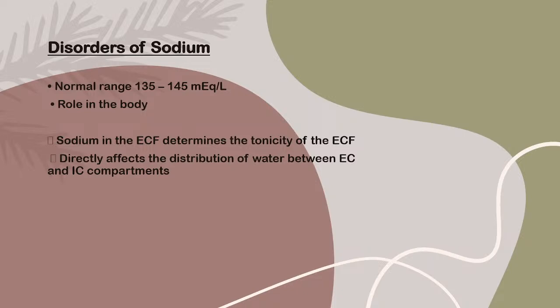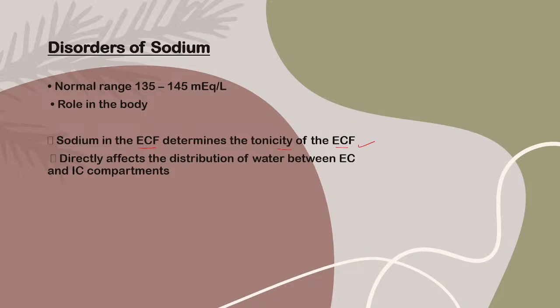Now the role of sodium inside the body: sodium in extracellular fluid determines the tonicity of extracellular fluid. So the amount of sodium present in extracellular fluid actually determines the tonicity of extracellular fluid, and it directly affects the distribution of water between extracellular and intracellular compartments.